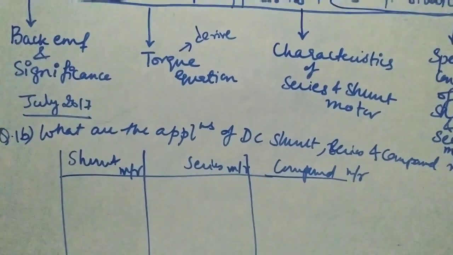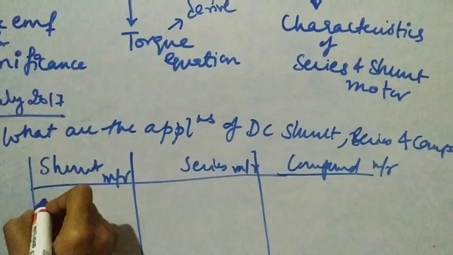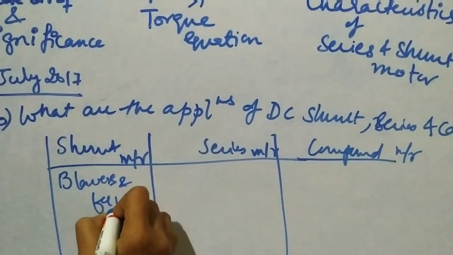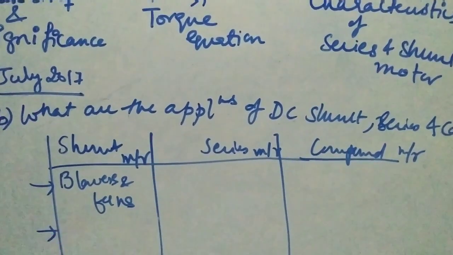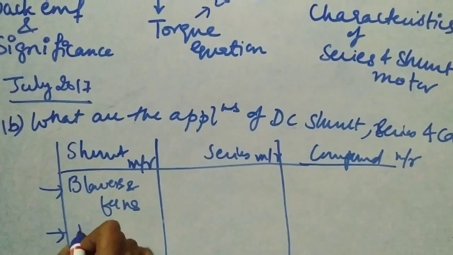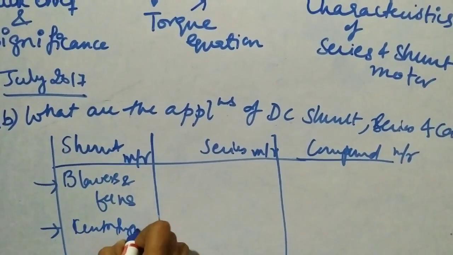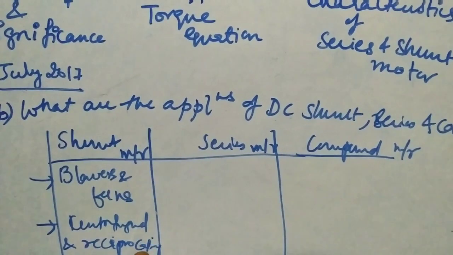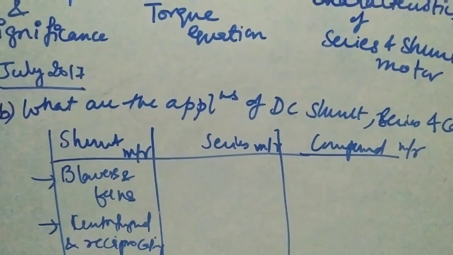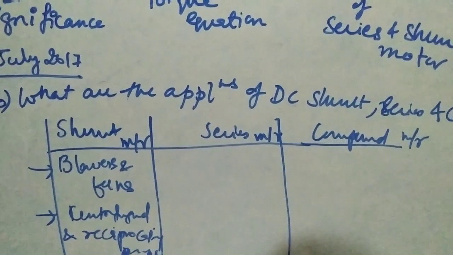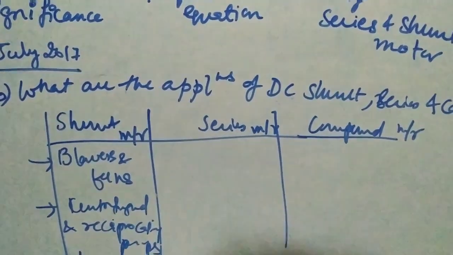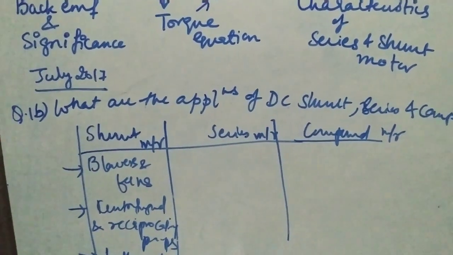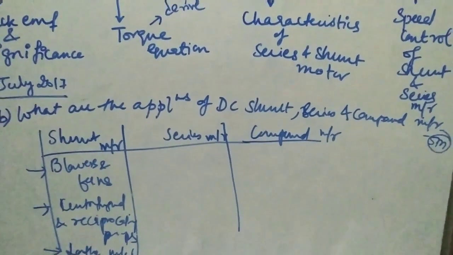Due to this reason, it is used for blowers, fans, centrifugal and reciprocating pumps, lathe machines, milling machines, drilling machines and so on. So those are the applications of the shunt motor.